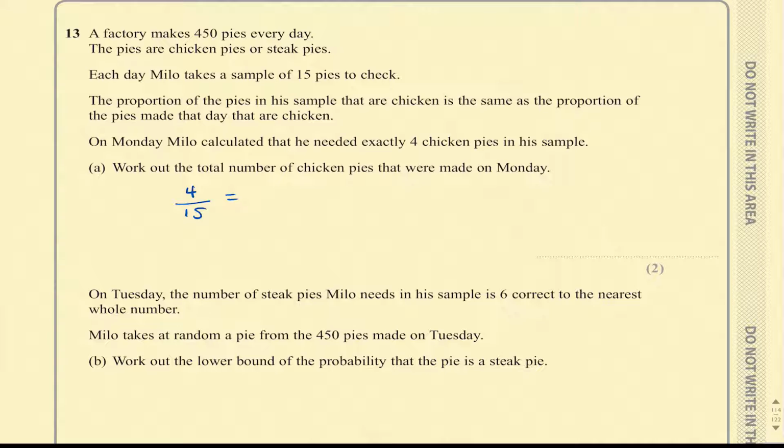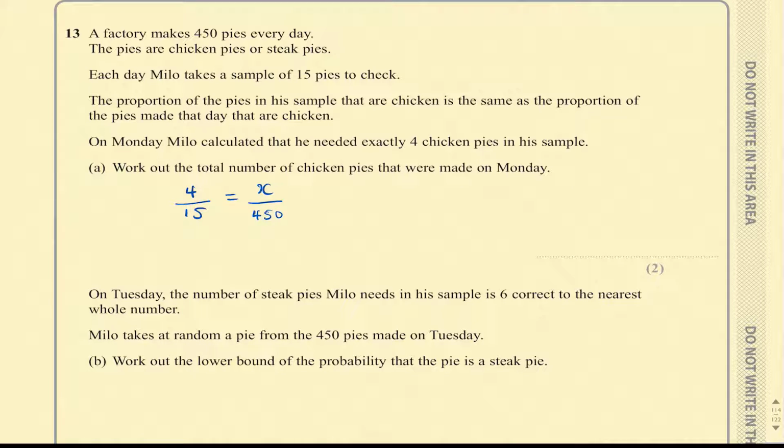And overall, he's making x over 450 of chicken pies. So 4 out of the 15 sample will be proportional to the x that we don't know of chicken out of 450. So we need to rearrange this equation and solve for x.